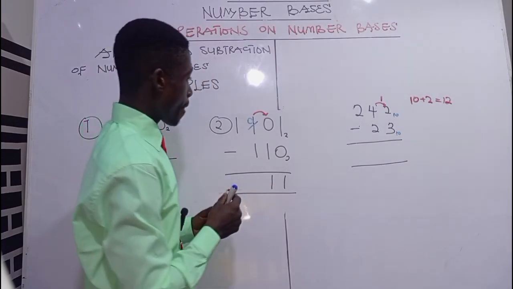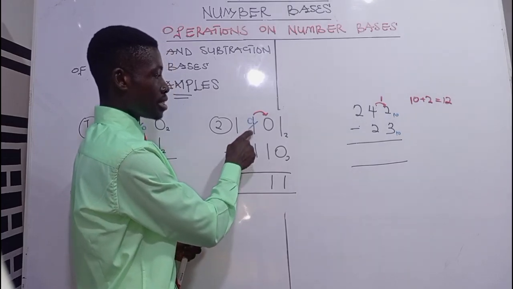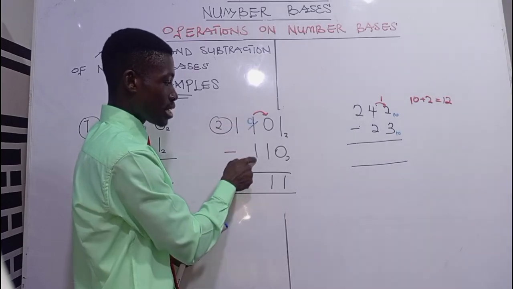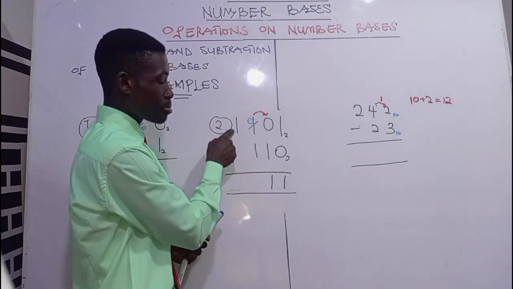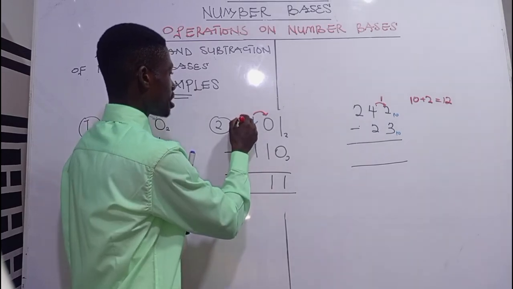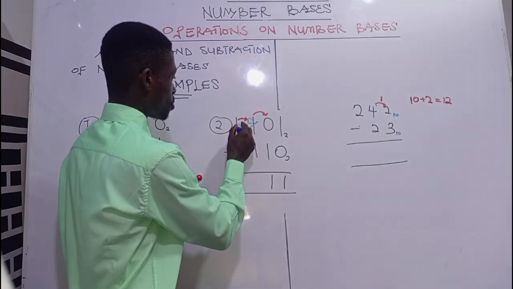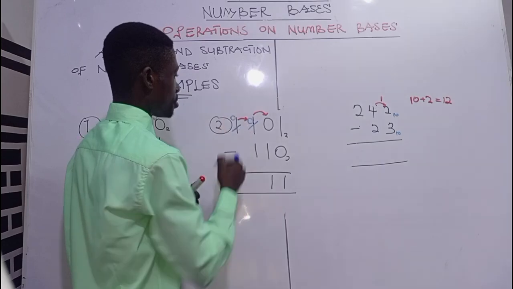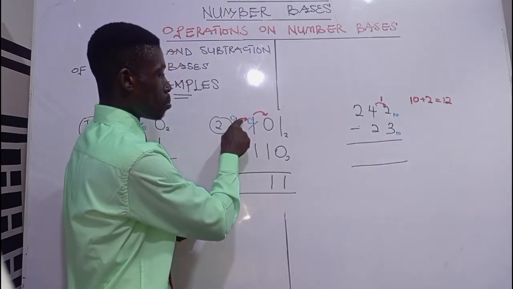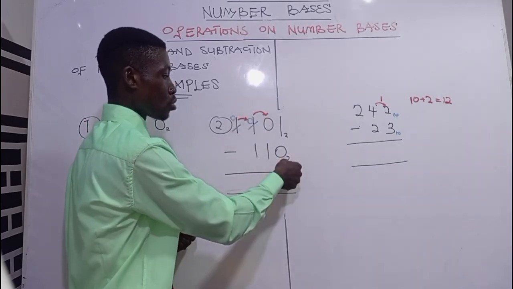Are you following? Now we no longer have 1 here because this one we have already borrowed. So we are left with what? 0. So 0 minus 1, you know it is not possible. So we have to come to this number and then we borrow. So we borrow this one to the 0. Now this one is no longer there. It is left with what? 0. So since we are borrowing and we are working in base 2, the one that we borrowed is what? 2.